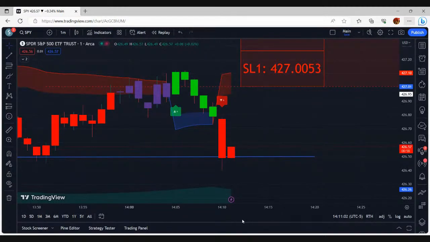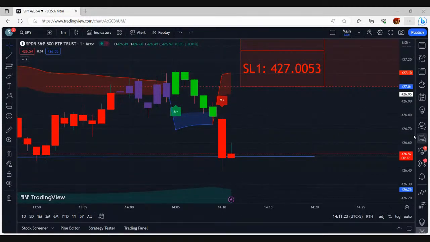Just trying to find it here. 427 calls for you. So it's $300, which is fine. It's not the end of the world. Average win's probably a bit bigger than that. So not the end of the world, but definitely difficult trading at the moment.